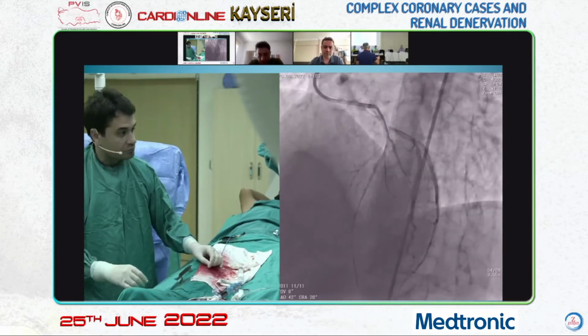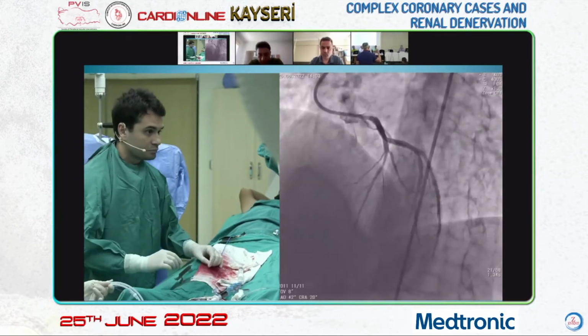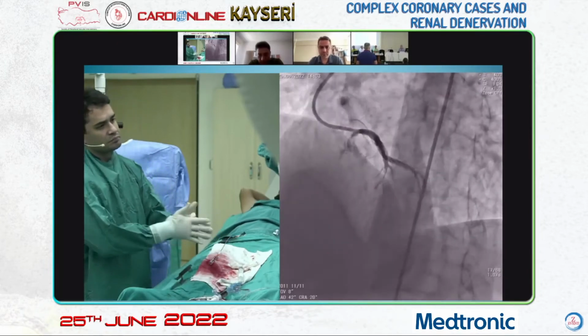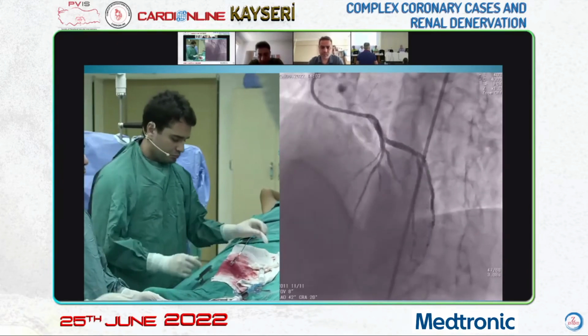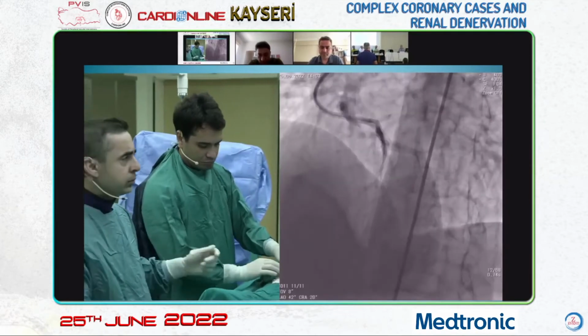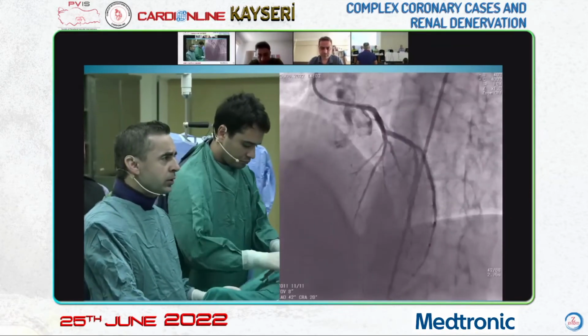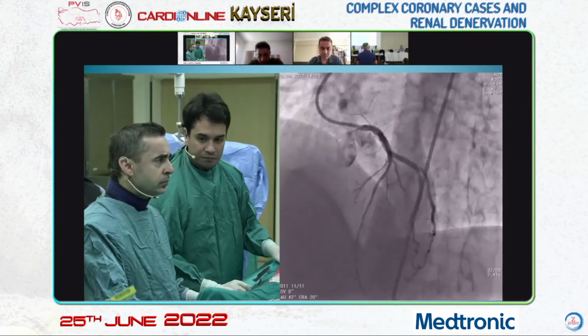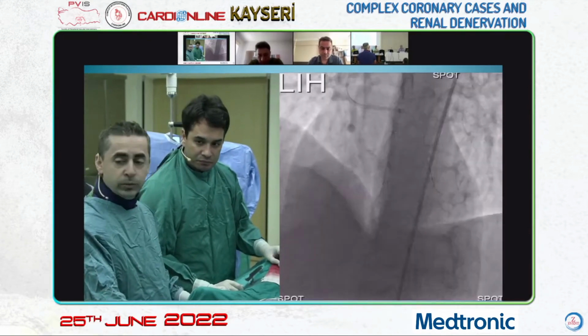After the CTO segment is taken, the operators generally try to stand from the distal, and this shows that we are in the lumen. The lumen is intact and there is no atherosclerotic formation. It's about the vasomotor structure.